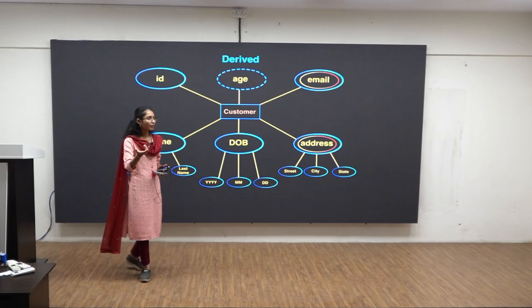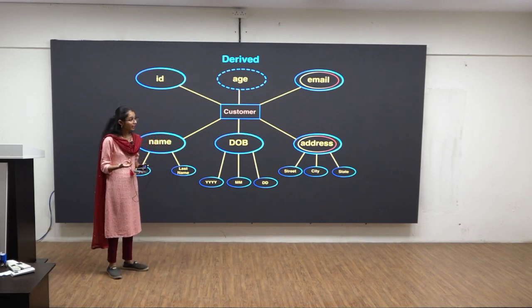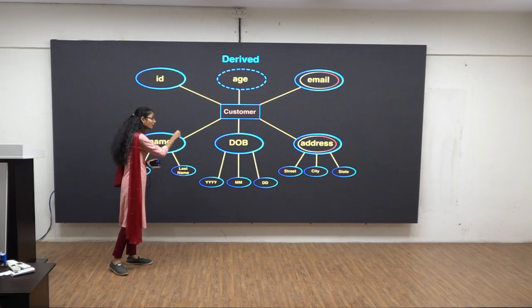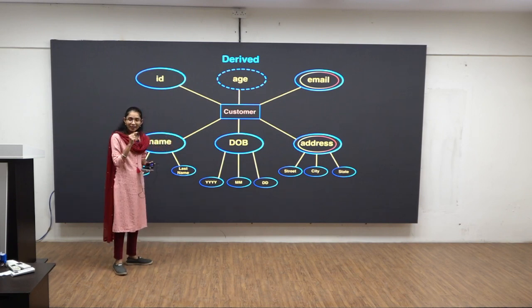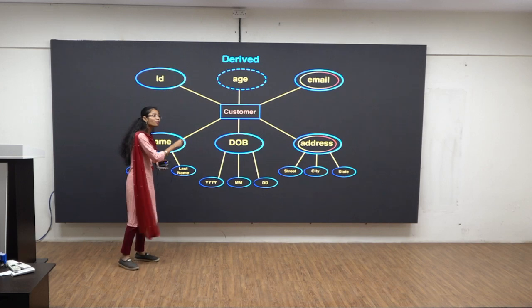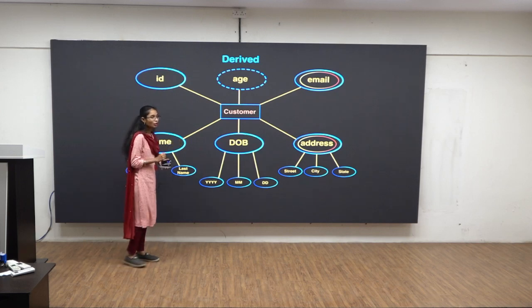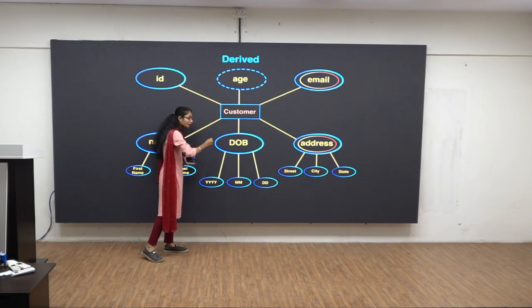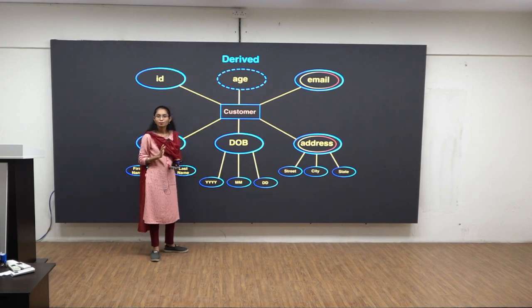Yes. So here, I can get the age information from the date of birth attribute. I can derive the age from the date of birth attribute. So, derived attributes are attributes which can be derived from other attributes.